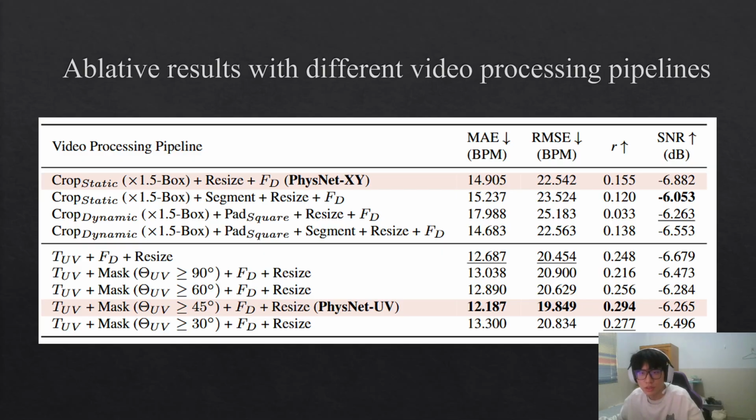Importantly, the order of processing steps matters. Applying UV transformation before frame difference yields better results than the reverse order, while dynamic cropping generally shows lower performance.